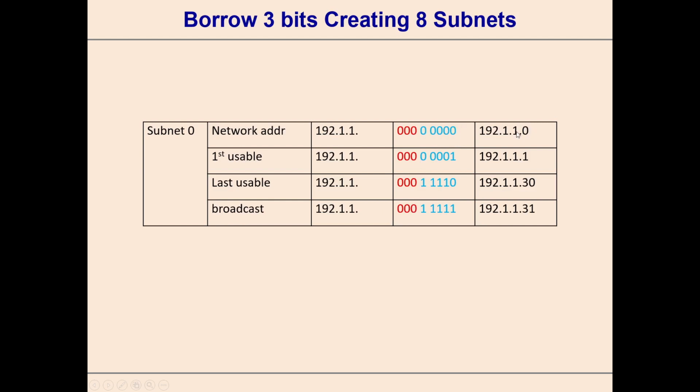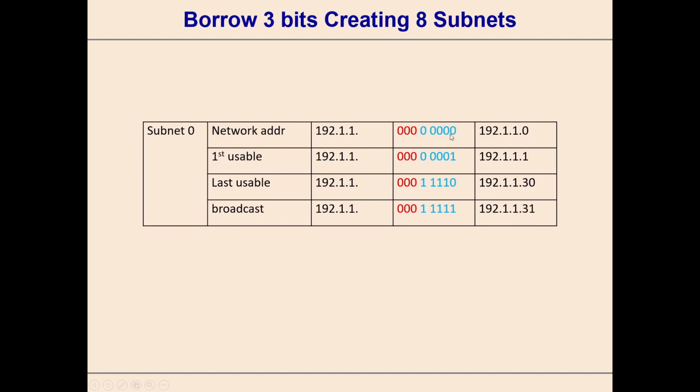This is 1.0. This is the network address. When the host value adds 1, that's the first usable, going up to the highest IP address in subnet 0, that is when the 5 host bits take the highest value, 11111. That is the broadcast.